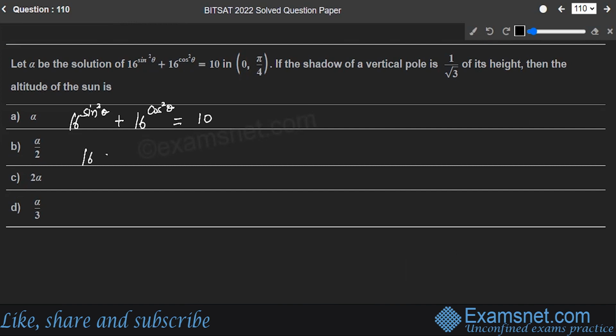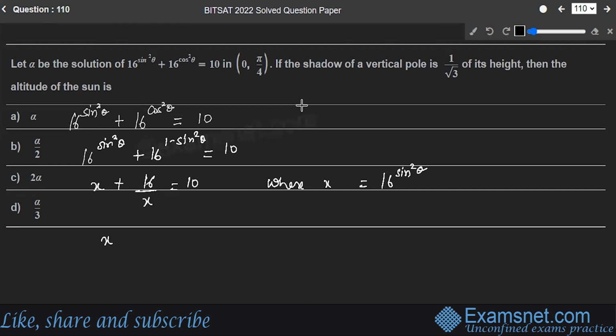I can write it like 16 power sine square theta plus 16 power 1 minus sine square theta is equal to 10, or x plus 16 upon x is equal to 10, where I have taken x as 16 power sine square theta. So this will be x square minus 10x plus 16 is equal to 0. On solving this, you'll have the two values of x as 2 and 8.